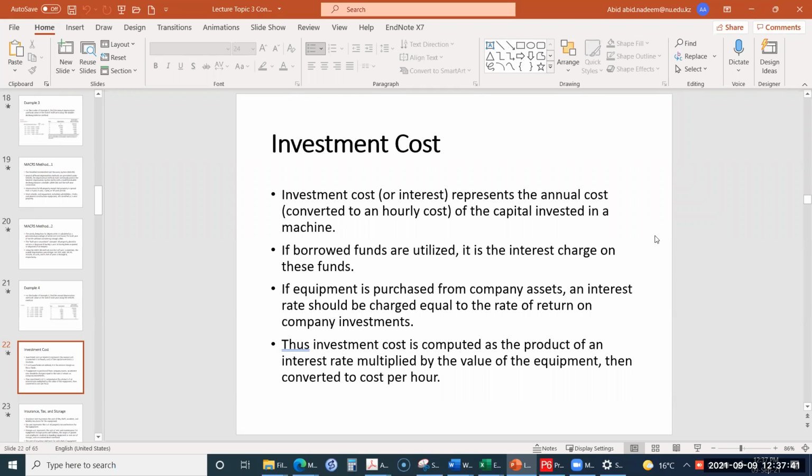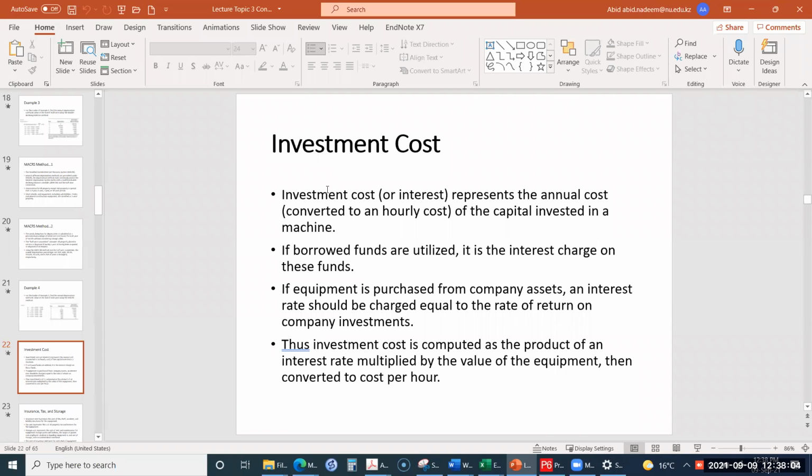Recall that we are talking mainly about the costs related with the equipment. For the costs related with the equipment, we need to consider different types of costs. So investment cost is one type of that cost.